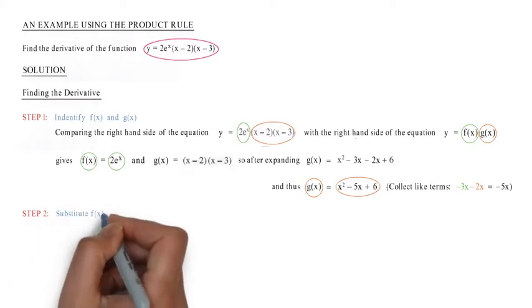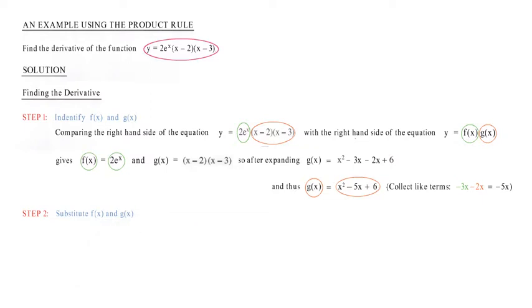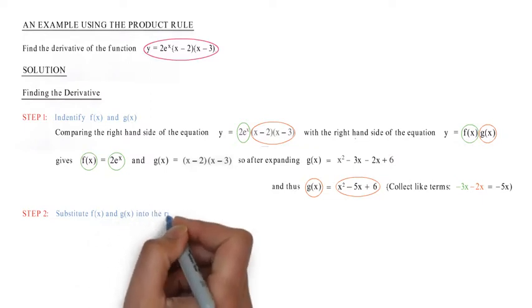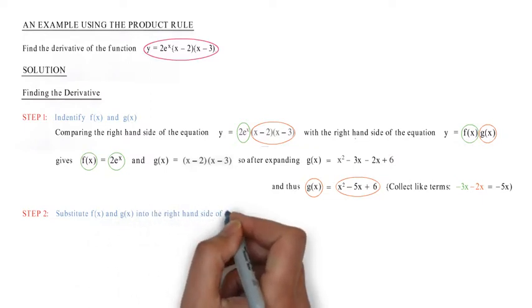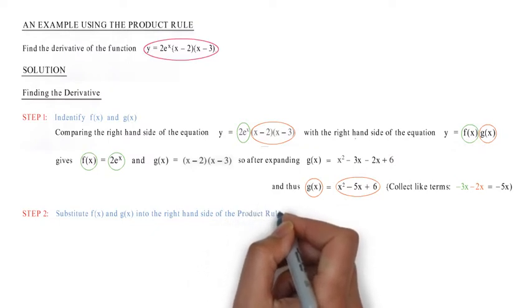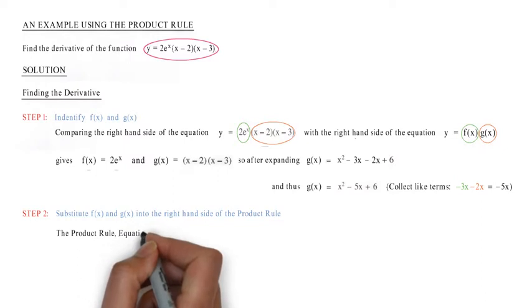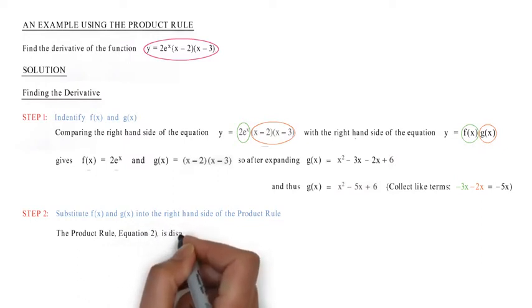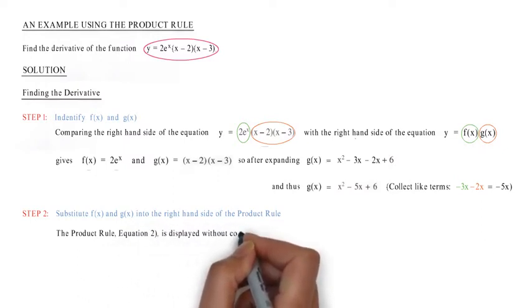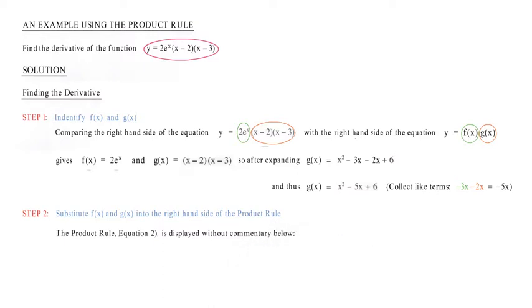Substitute f(x) and g(x) into the right-hand side of the product rule. The product rule, equation 2, is displayed without commentary below.